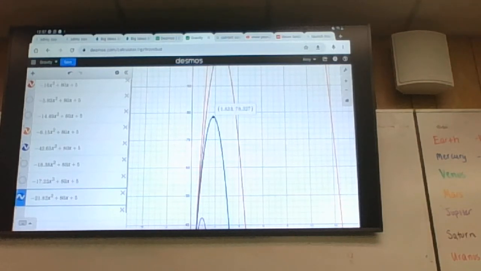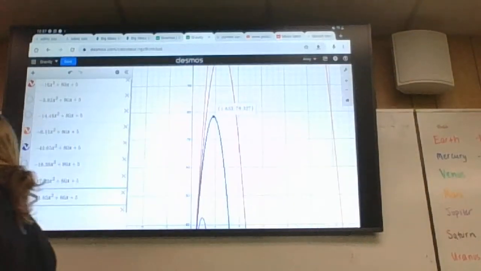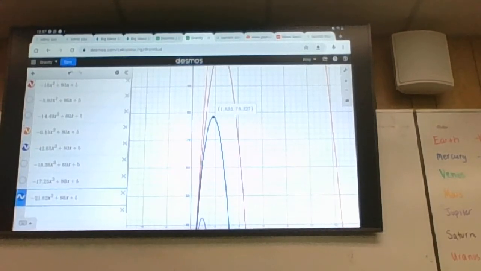Here, let me retry it then, because I deleted it. I can actually drag it. So I'm doing 3.83. Could you try 0.83?